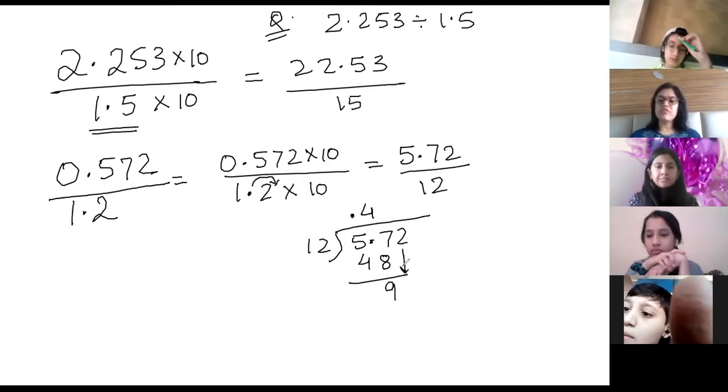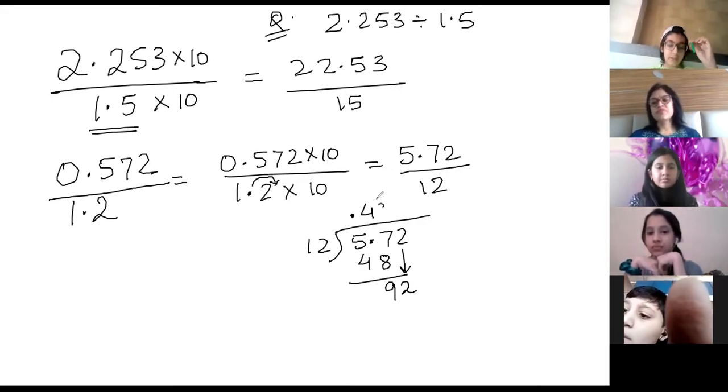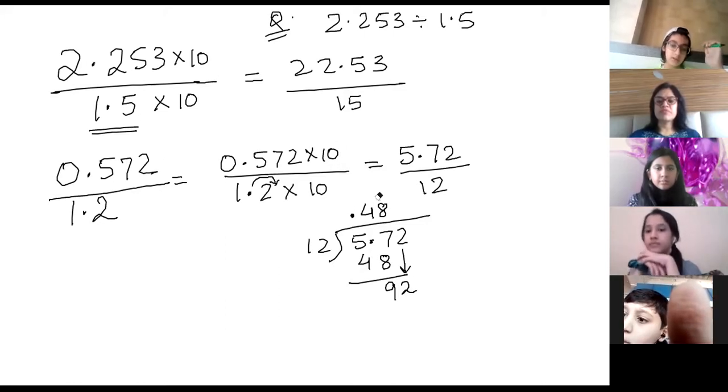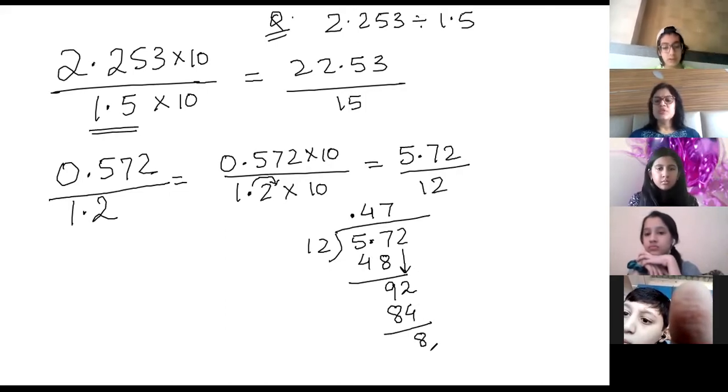So one number will come down, which is 2. Now how many times will it go? 12 sevens are 84. So it will go 7 times. 92 minus 84 is how much? 8.